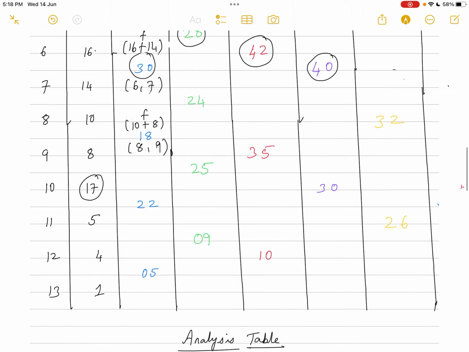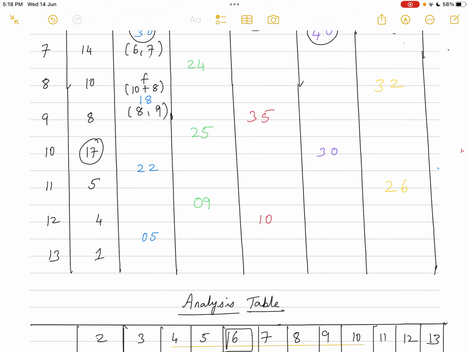So the corresponding x value is 8 and 9. Then the next one, so like the 2 rows, this is column 2. Like the 2 rows of the frequency you keep on adding. Now the next one is the frequency 17 plus 5. So 17 plus 5 we are getting 22.